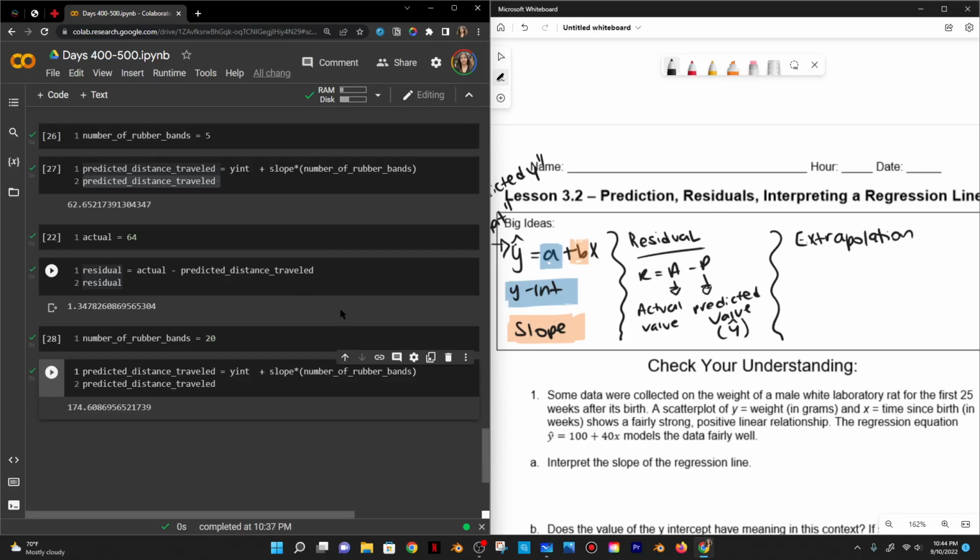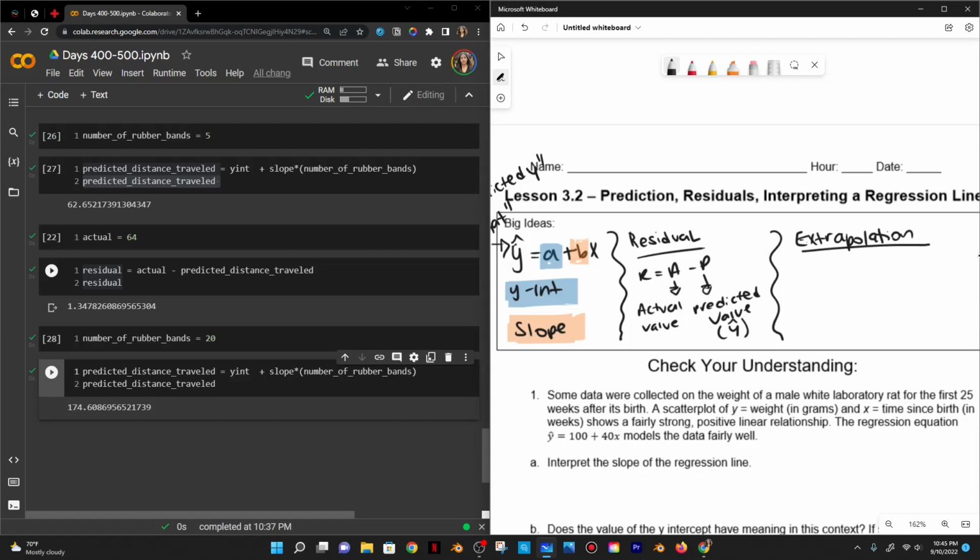So because of extrapolation, the idea is that the farther away your x value is, the less accurate your prediction will be. Because again, you would want to be within the range of your x values.